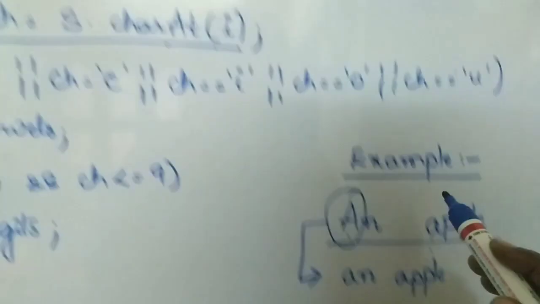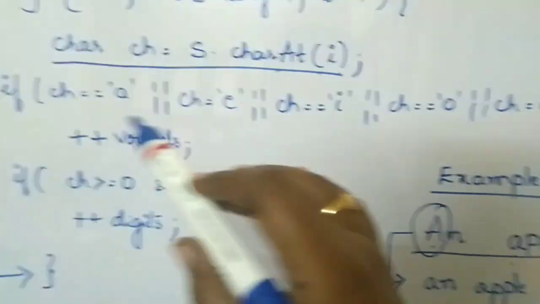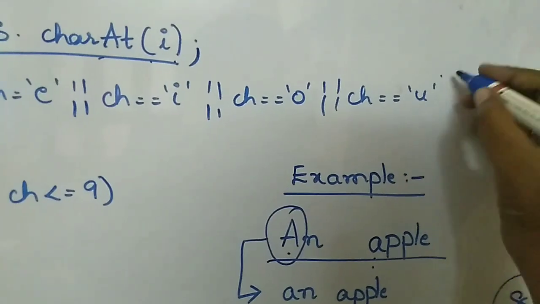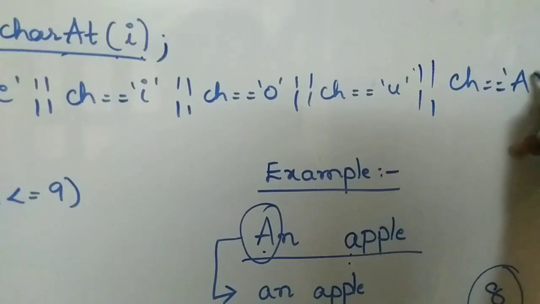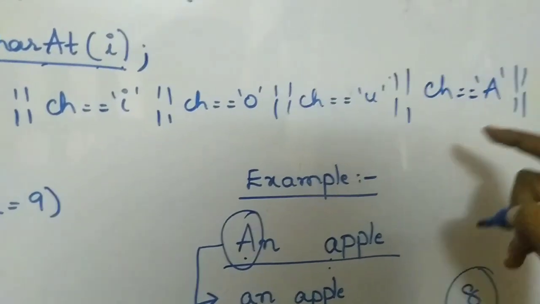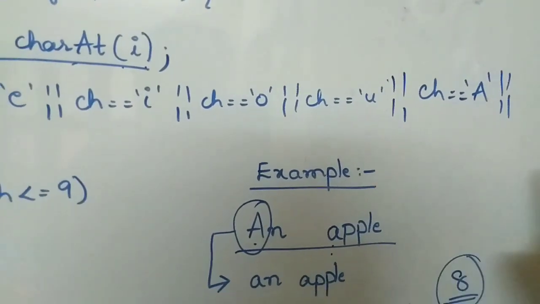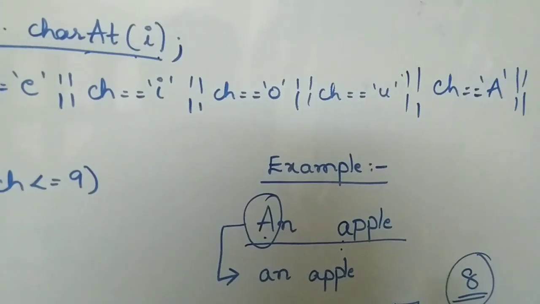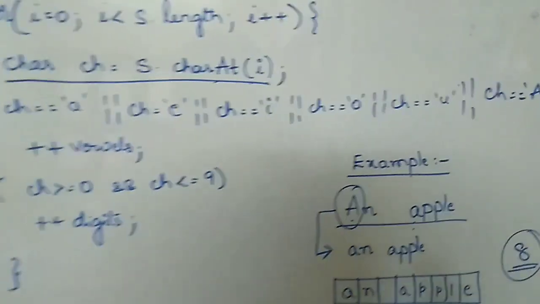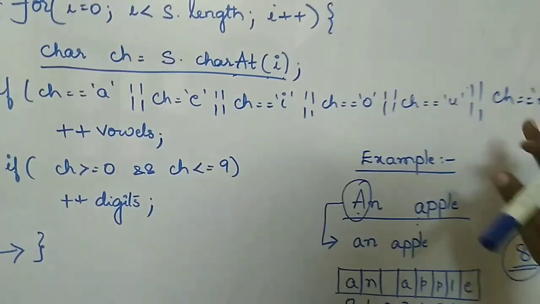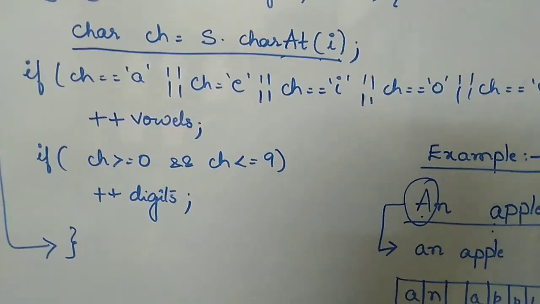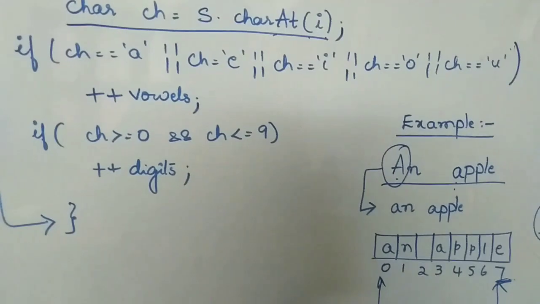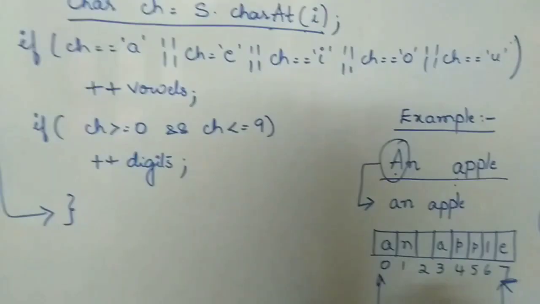In case I had to write the condition inside the if, I would have to include another or here and say ch is equal to capital A, and likewise write all the uppercase characters over here. To avoid such lengthy conditions inside my if statement, I have made it lowercase. I hope everybody understood why I made it lowercase.